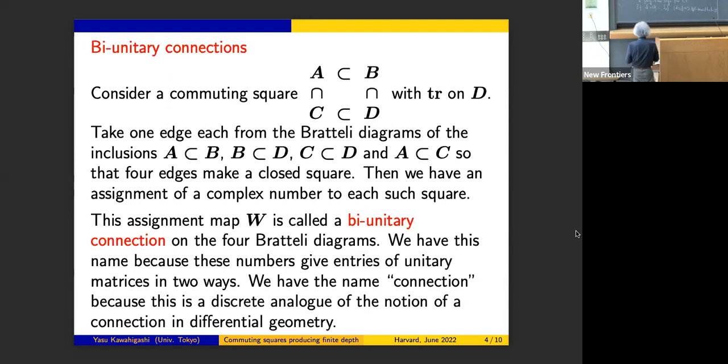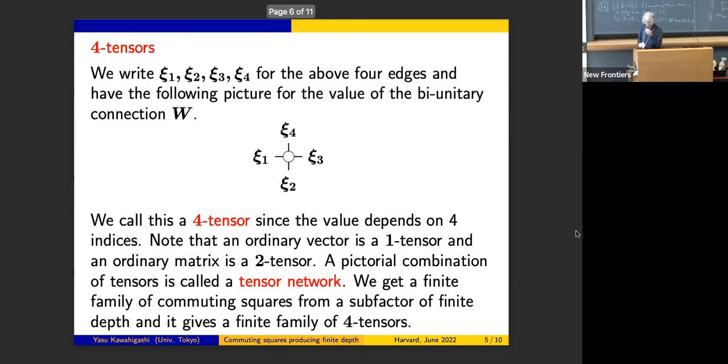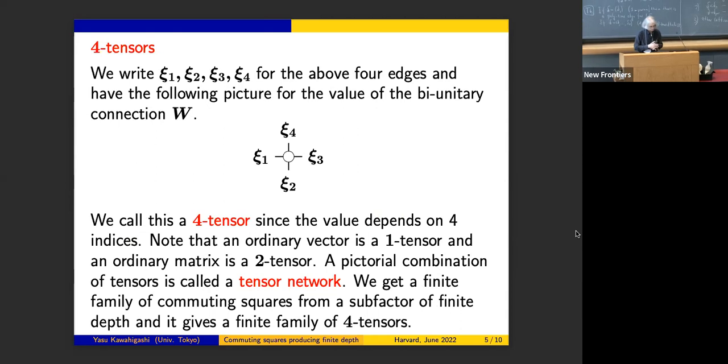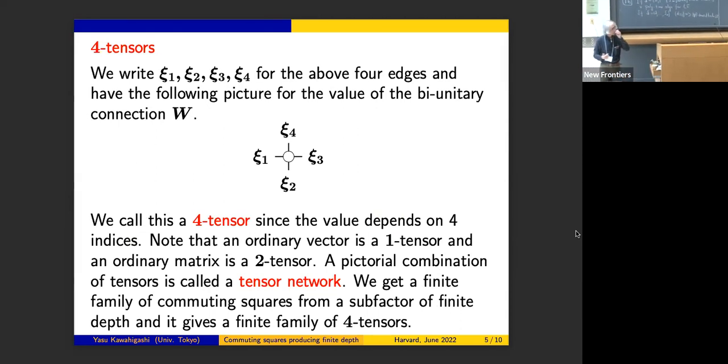And so this is our setting. This biunitary connection is just an assignment of complex numbers to a square, so we have finitely many complex numbers with some unitarity assumption. This is our setting.